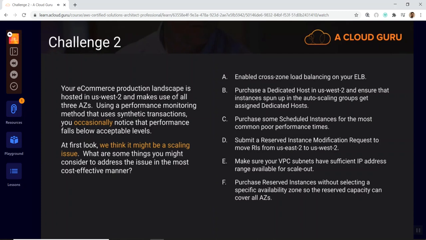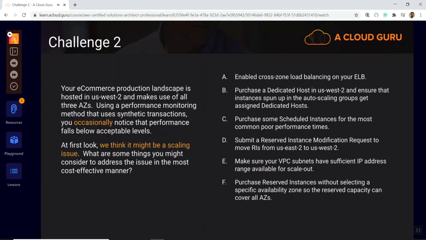Start up top. A, we could enable cross-zone load balancing on our ELB. Now, this is a good idea. Cross-zone load balancing makes sure that the requests are equally distributed across all targets, regardless of their AZ.